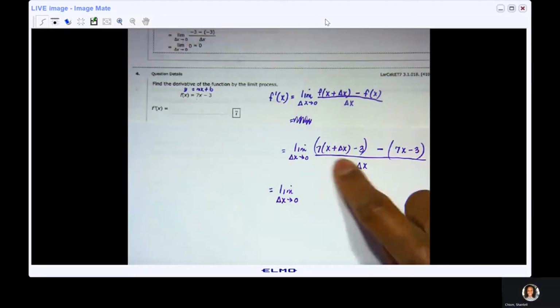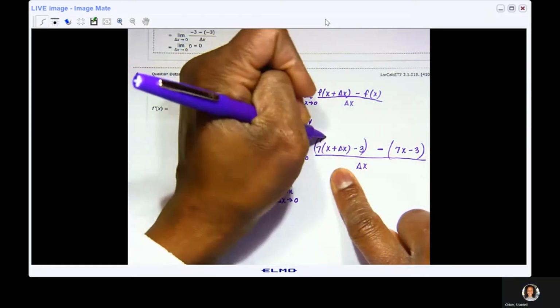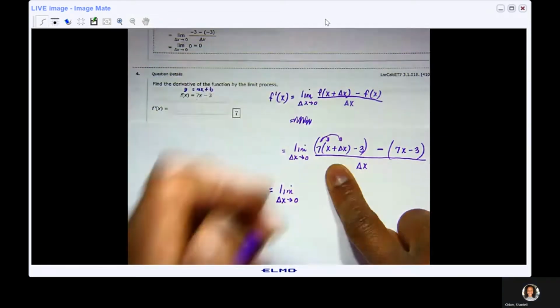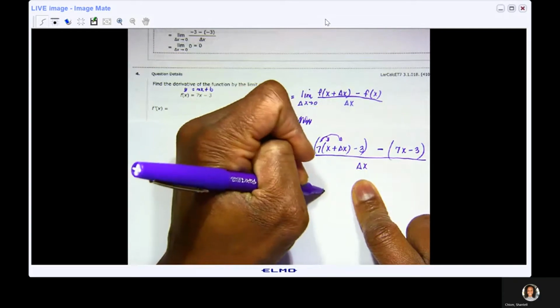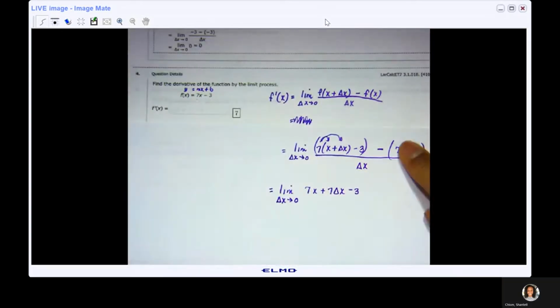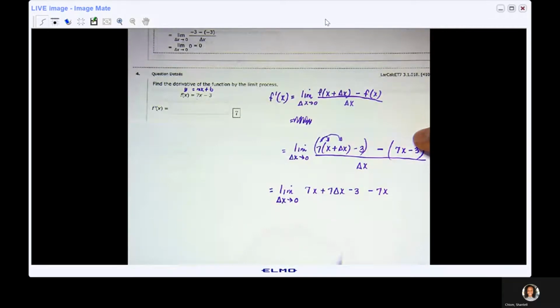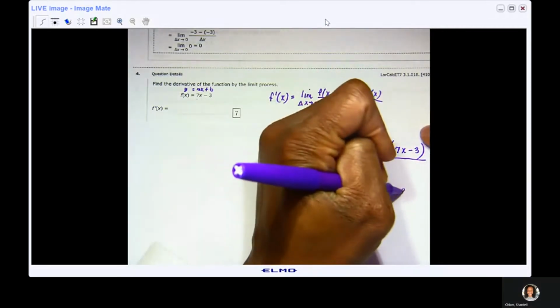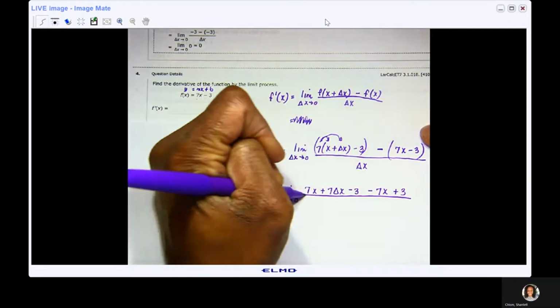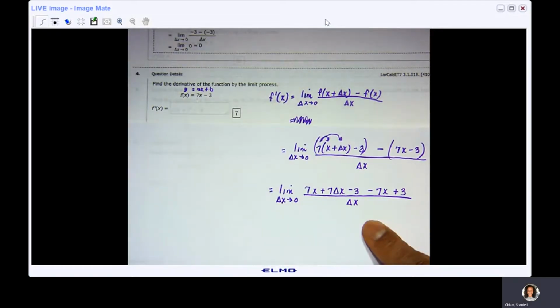I'm going to simplify here. I've got 7. Here I'm subtracting f at x. Okay.